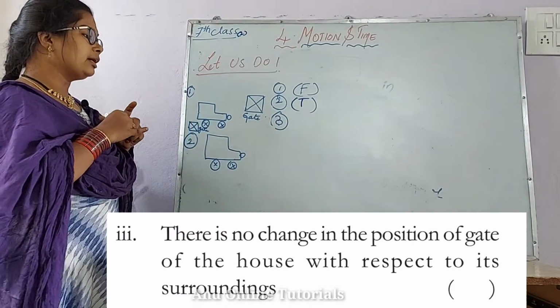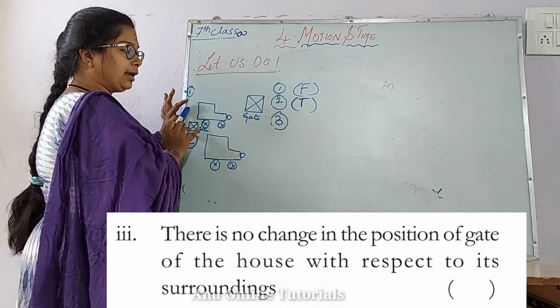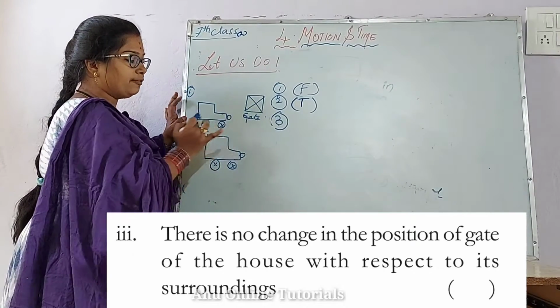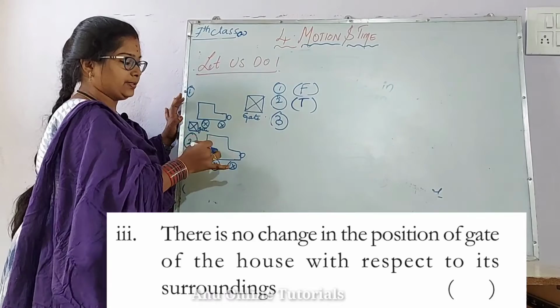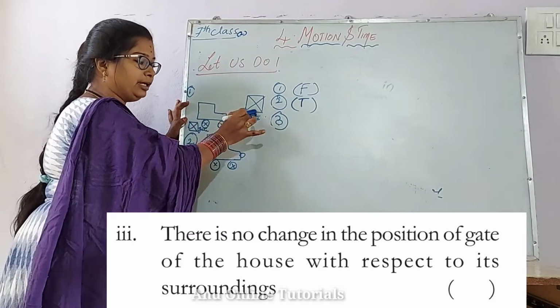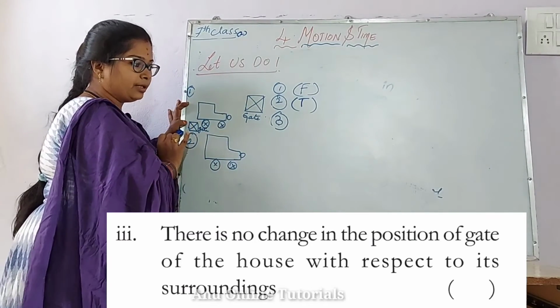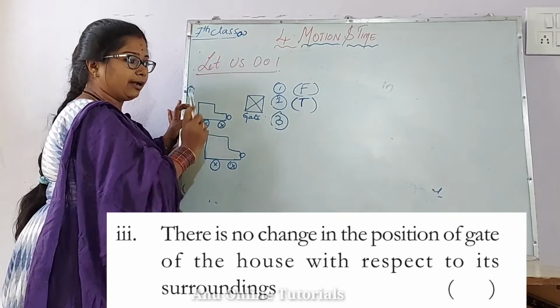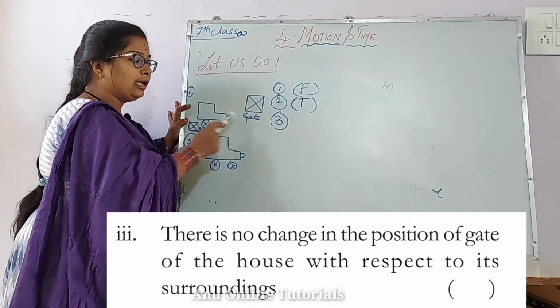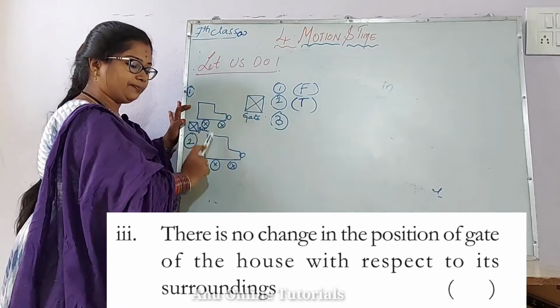Means with respect to the car, the position of the gate has changed. One time it is in front and one time it is at the back. Listen very carefully: with respect to the car, the gate position has changed.